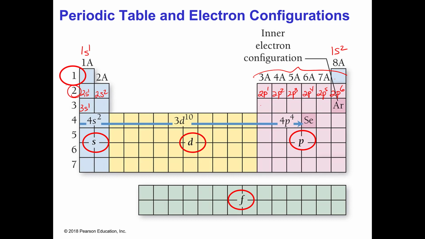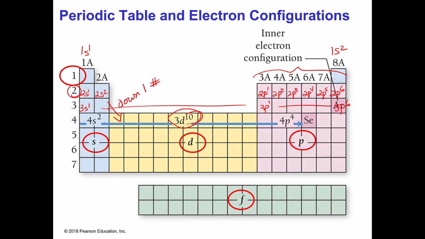And then go across 3p1 to 3p6. Then 4s2, and then 3d10. You just have to remember that since this goes down, you go down one number to do 3d.